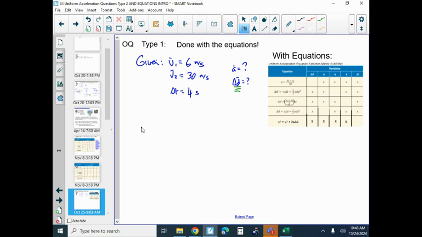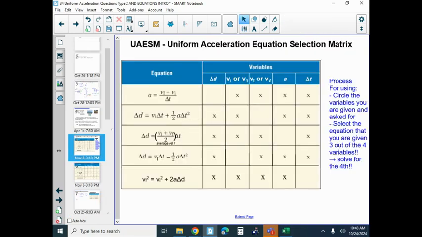So for acceleration, you're going to look at the method for this. I should have pointed this out a little bit more, right? This is my baby here, my uniform acceleration equation selection matrix. I've coined the term UASM, and it caught on here at my local school, at least. People are like, oh, UASMs are the best.